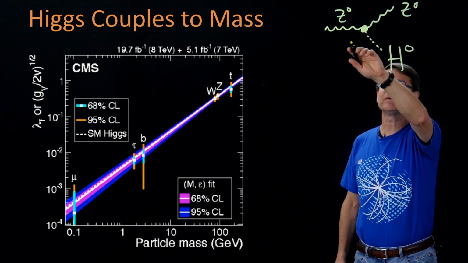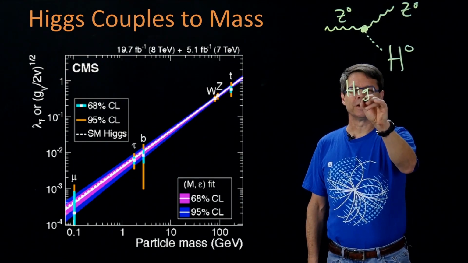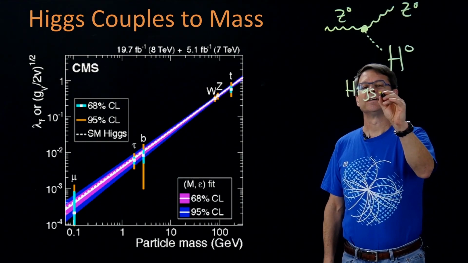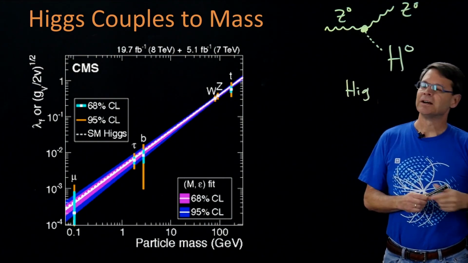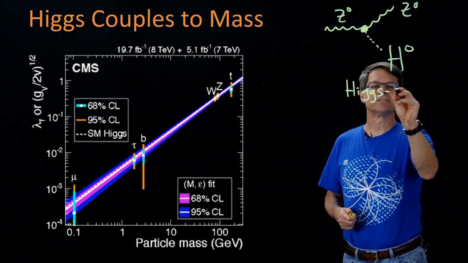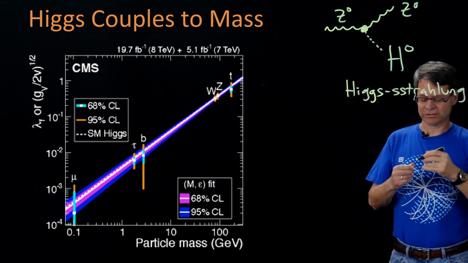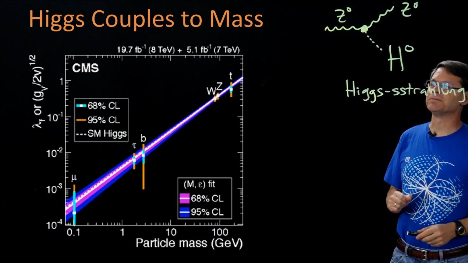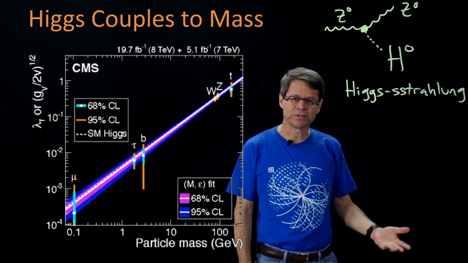This particular diagram where Z has radiated a Higgs is known as, in analogy with Bremsstrahlung, so if I can spell correctly, so let's do that, called Higgs Strahlung. It has radiated a Higgs off of the Z. And similarly for the W.